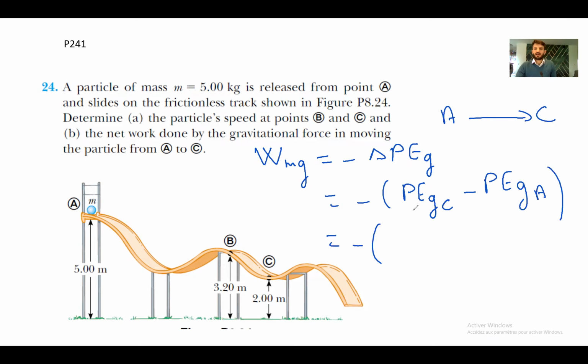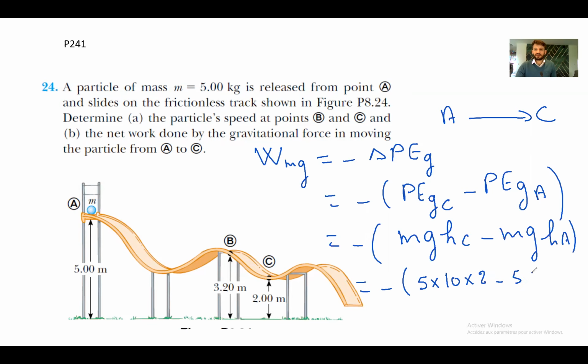Delta PEG equals mg HC minus mg HA, so omega equals minus of 5 times 10 times HC equals 2, minus 5 times 10 times HA equals 5.